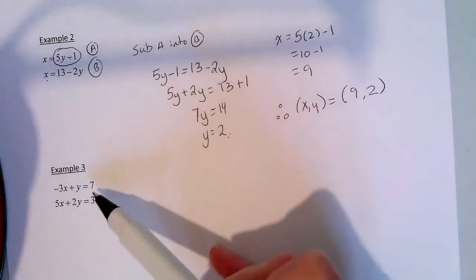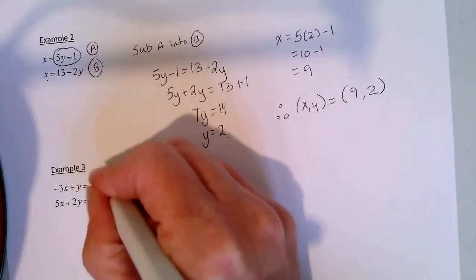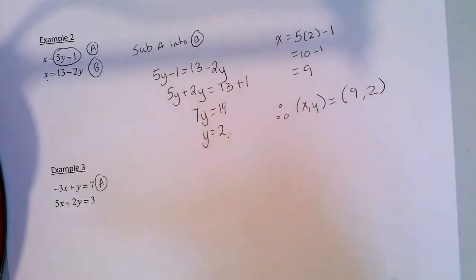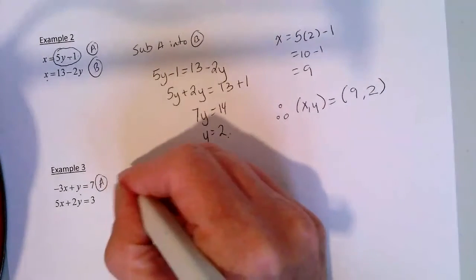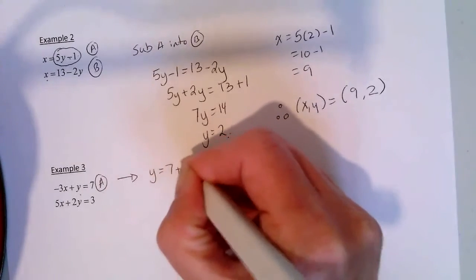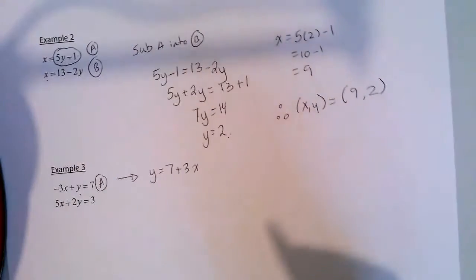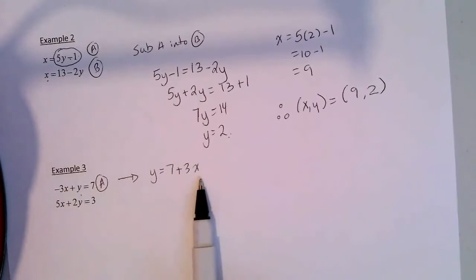Now, when I look at the first equation A, one of the things I notice is that the numeric coefficient in front of the y is a 1. So that means that I could very easily take this equation and rearrange it to isolate y. So I can take this -3x and transpose it.